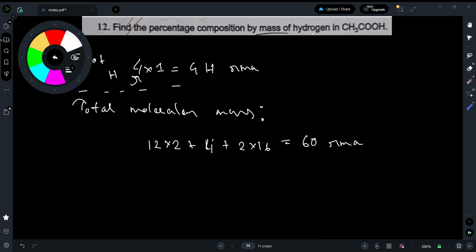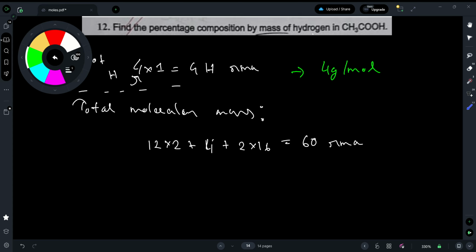For these hydrogens, it's going to be 4 grams per mole. Because we have 4 hydrogens, for 1 hydrogen you get 1 gram, so for 4 hydrogens you get 4 grams in a mole.